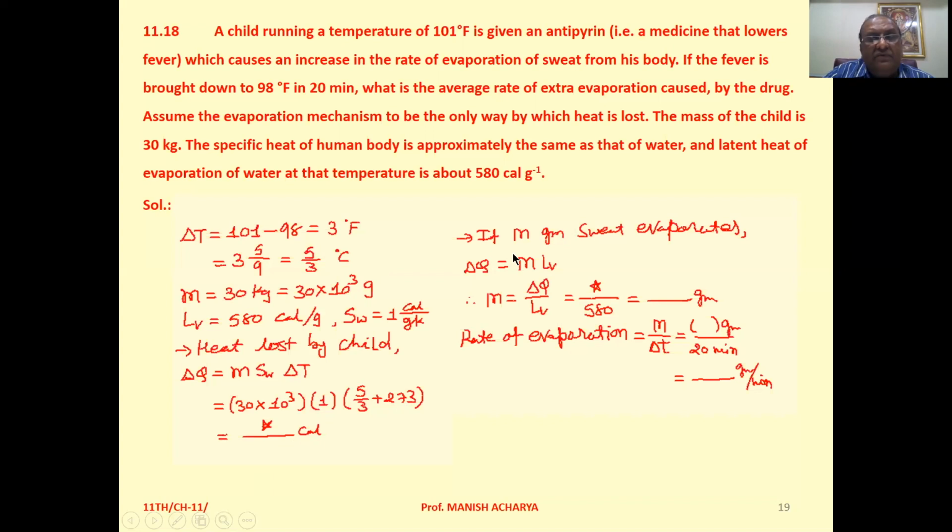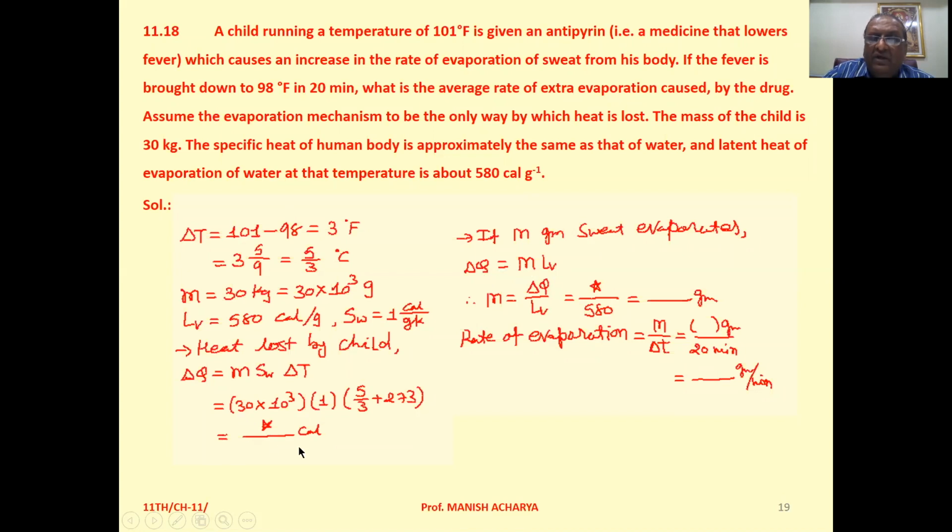Now if mass of the sweat which evaporates, that is m gram. So the heat utilized to evaporate, that is delta Q equal to m into LV. So mass of the sweat evaporates, that is delta Q upon LV.